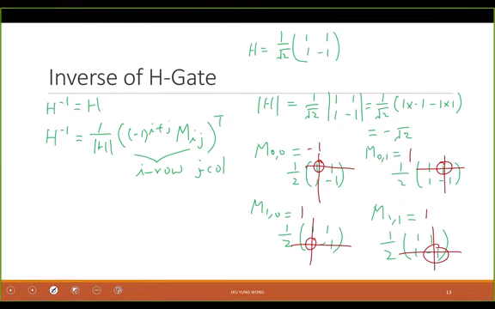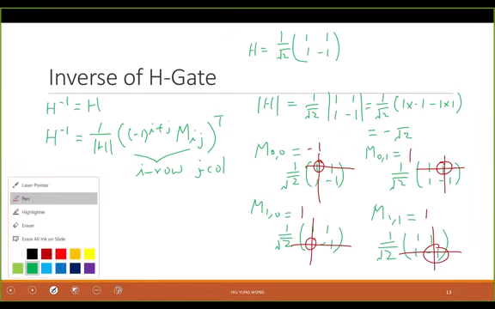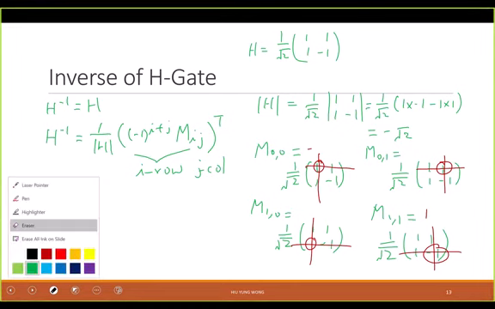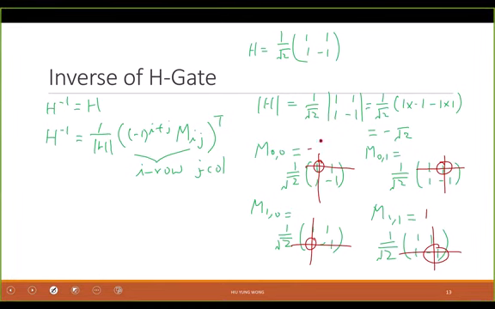So I missed a lot of stuff actually. Sorry for that. So it should not be 1, right? Should be 1 over square root 2. That's 1 over h.